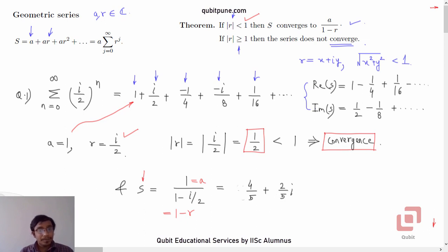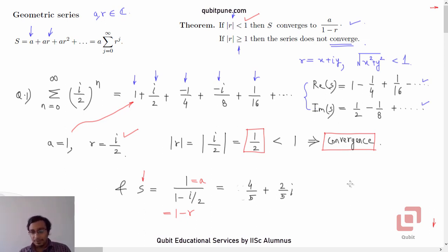Now if we compute these two sums, then these two sums will turn out to be 4 upon 5 and 2 upon 5 respectively. Let us check. Let us try to find the sum of the real part.